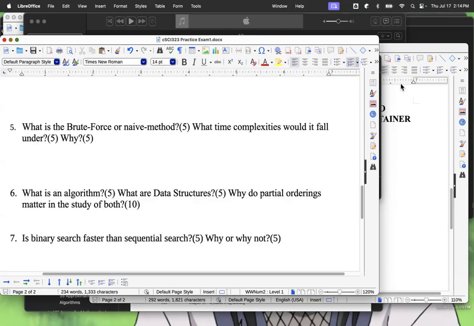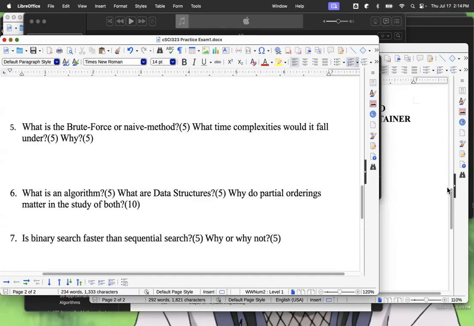What's an algorithm? What are data structures? Why do partial orders matter in the study of both? Everybody gets that? Who does not get that? By show of hands. Evan, you don't get it. I get the first two parts, but why exactly do partial orderings matter for both of them?